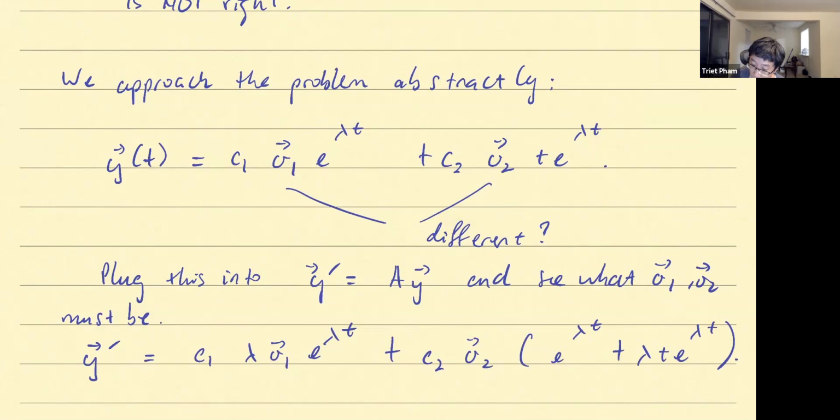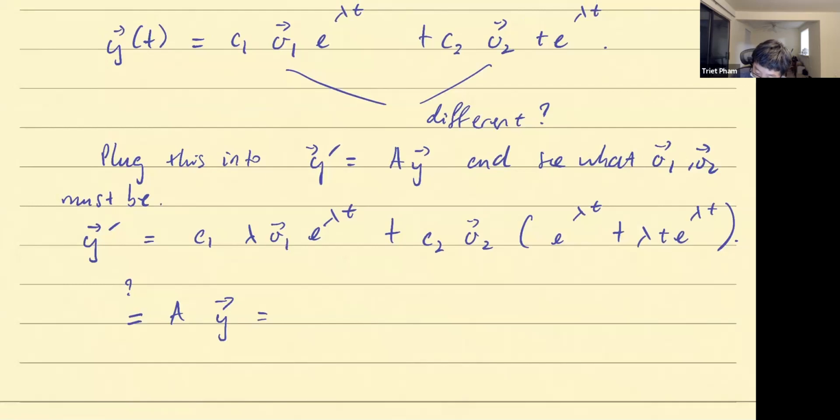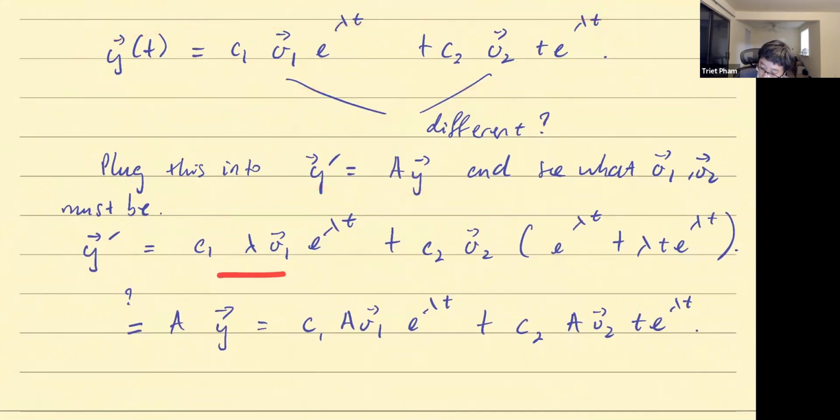And this is supposed to be equal to A times y, which is c1 A v1 e to lambda t plus c2 A v2 t e to lambda t. Is this okay? This is the plug-in that I talked about. I plug this structure into the equation, and then I will compare to see what makes them equal.